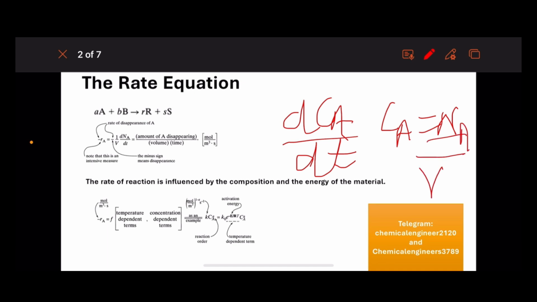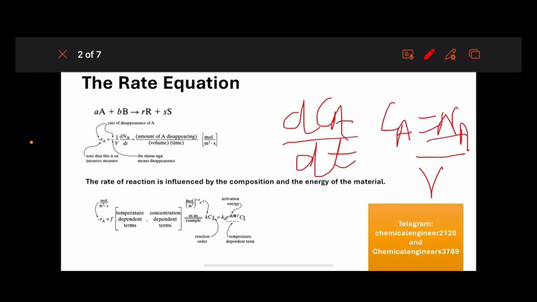So the equation derived is, d represents the derivative, the derivative of concentration with respect to time. So we are calculating the rate of reaction of A. The negative sign shows disappearance. Okay. The unit is the same for the first order reaction and the zero order reaction. The unit is mole per meter cube per second.